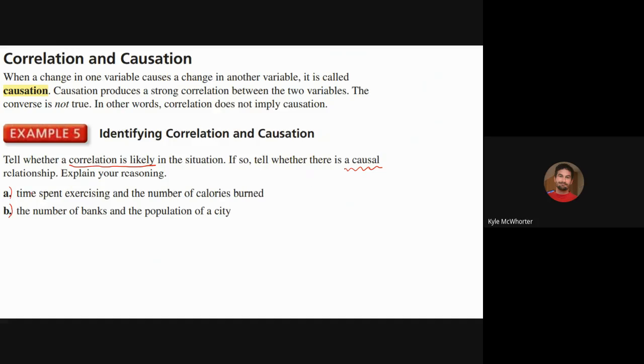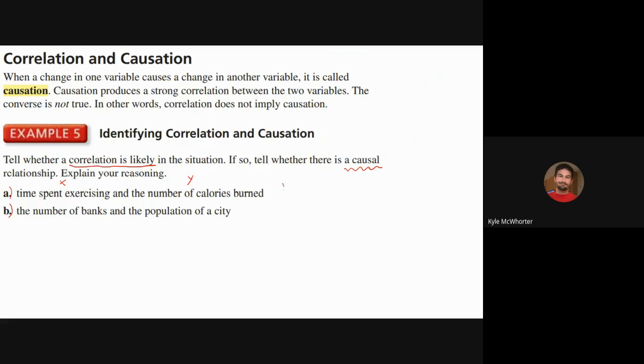So are these correlated? The time spent exercising, so that would be your input, and the number of calories burned, the output. Are x and y related? Does the more time you spend exercising have an effect on the number of calories you burn? That sounds like a positive correlation to me. The more I exercise, the more calories I'm going to burn.